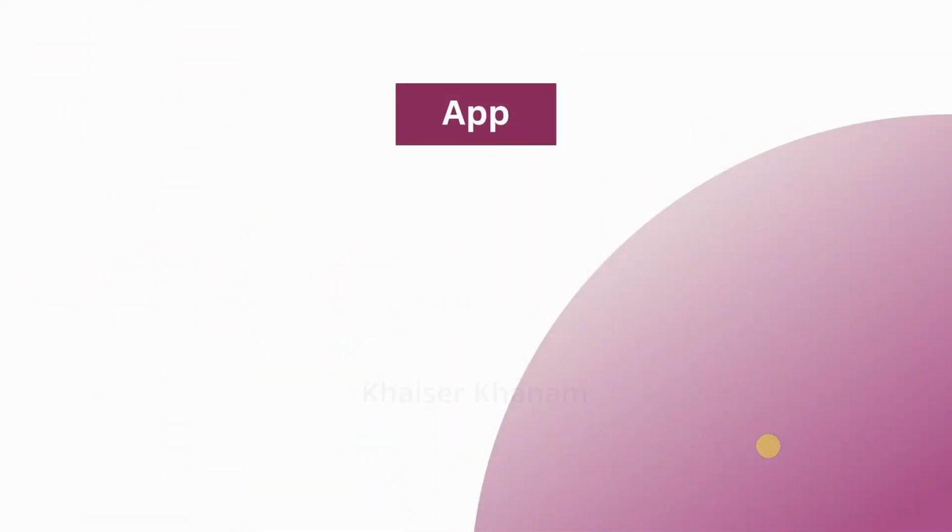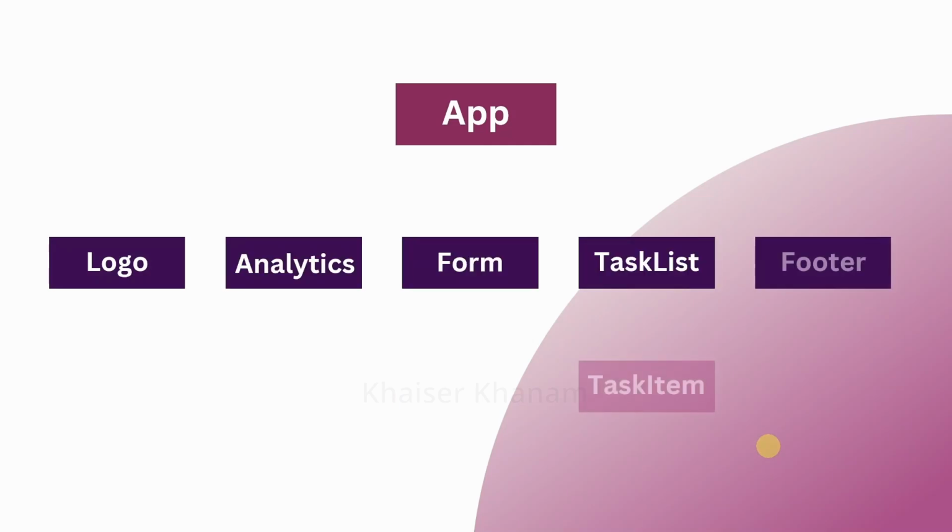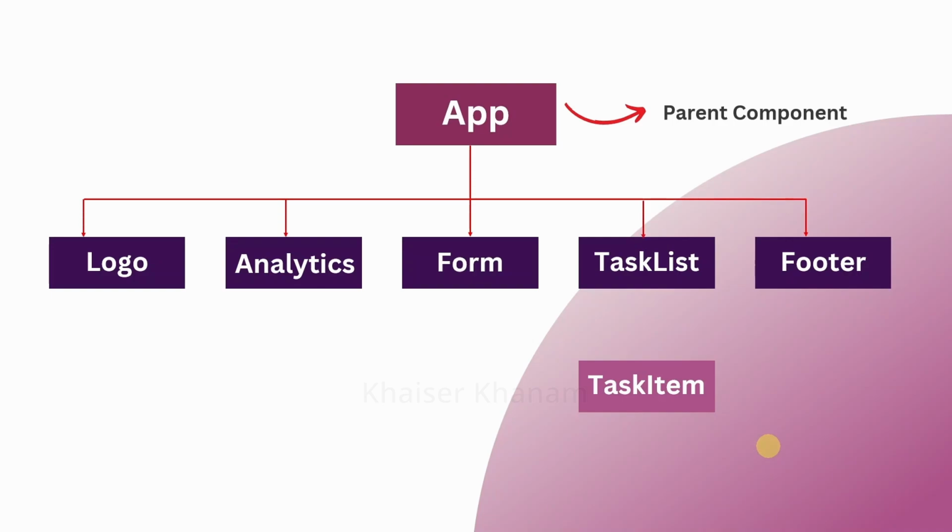We will be having the app component, and inside that we are having all these components. So this app is nothing but the parent component. So this will be like a wrapper for all the components, and the rest, these purple components, are called children components, and these are the children components of app, and app is the parent component.